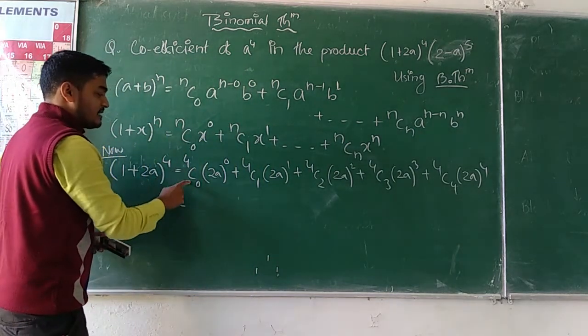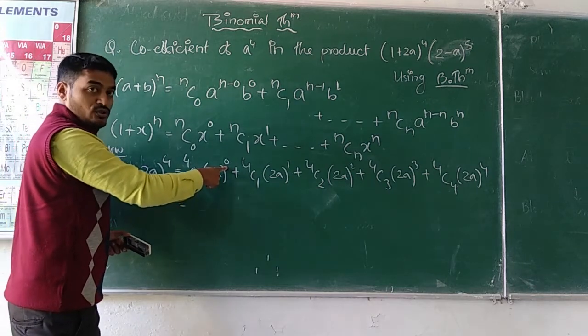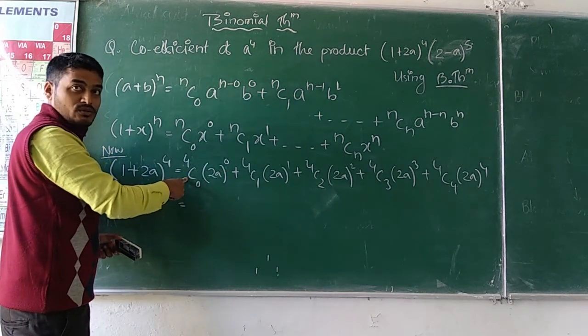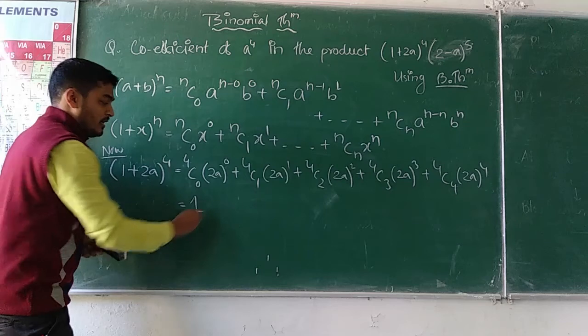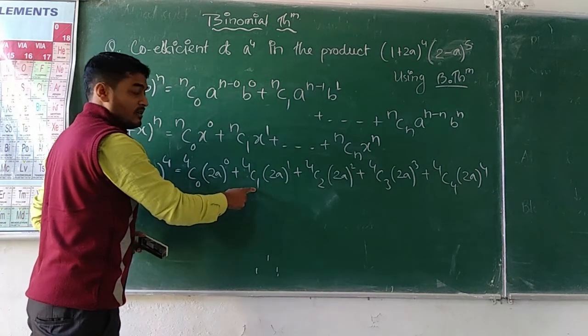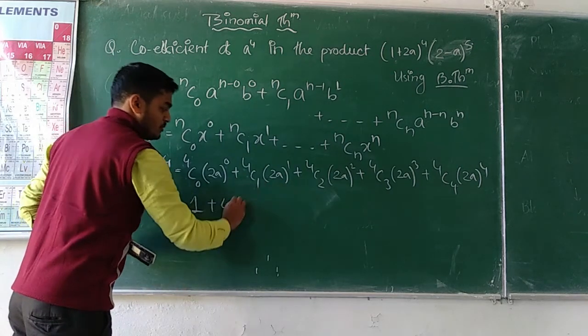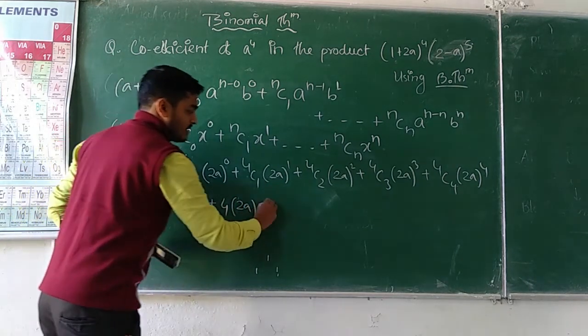Applying this property, nC0 is 1 and (2a)^0 is also 1, so the first term is 1. 4C1 is n, that is 4, so 4 into 2a plus 4C2.